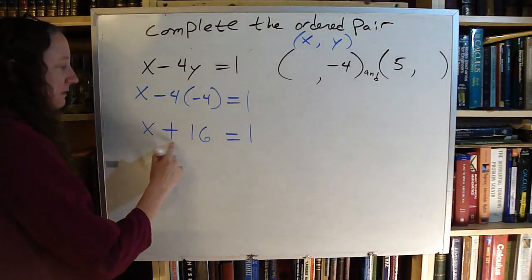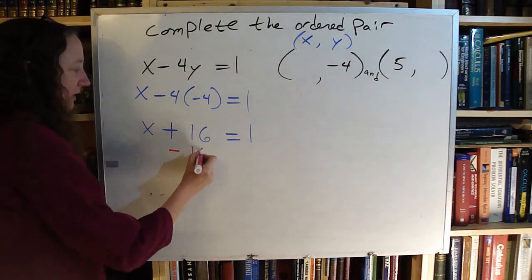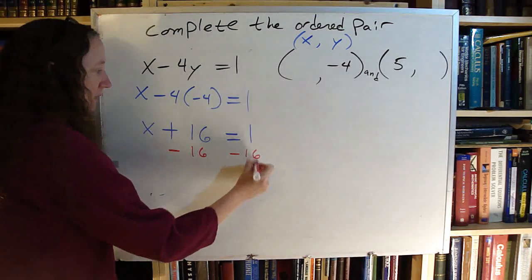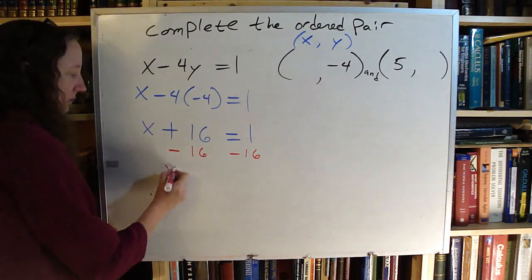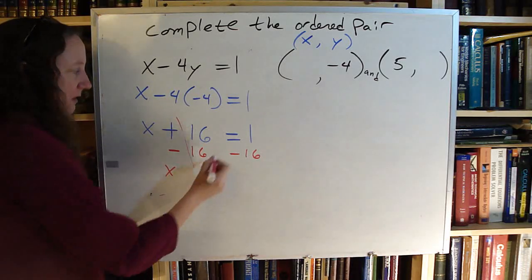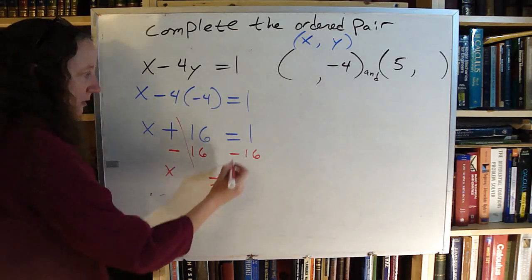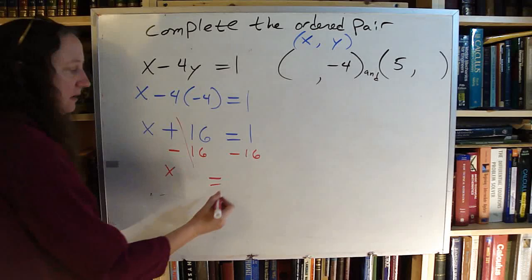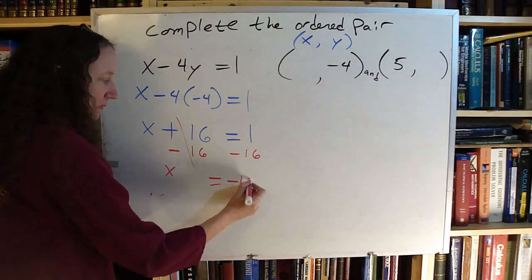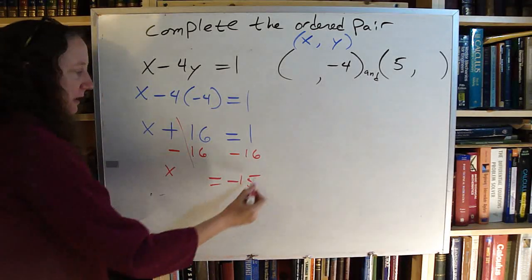Finish solving. Subtract the 16. X, that cancels out, equals 1 minus 16, negative 15.